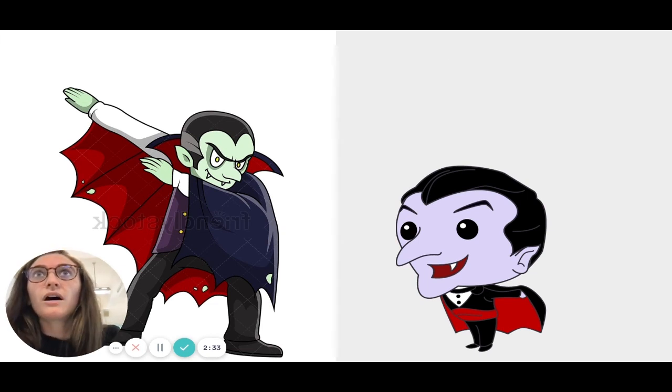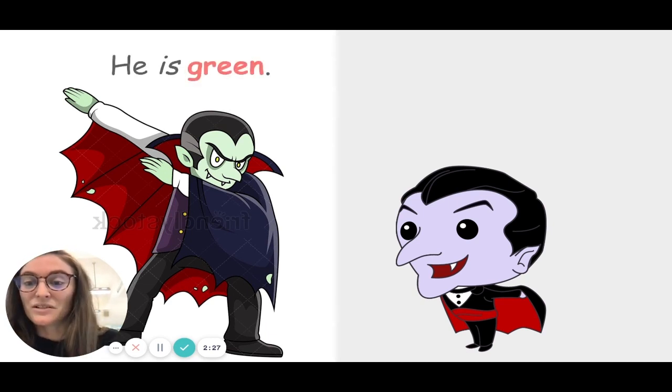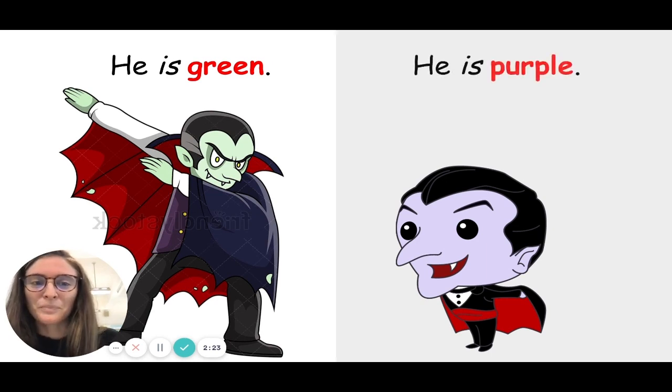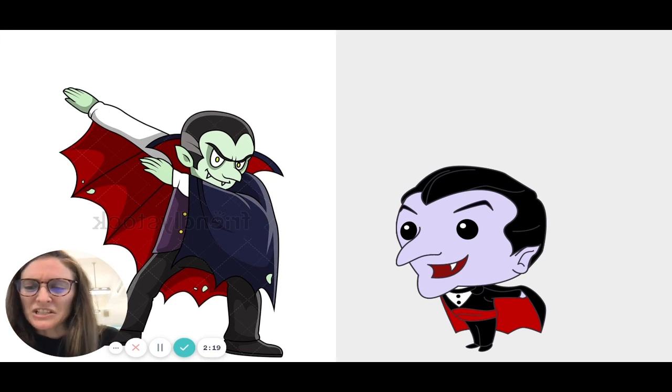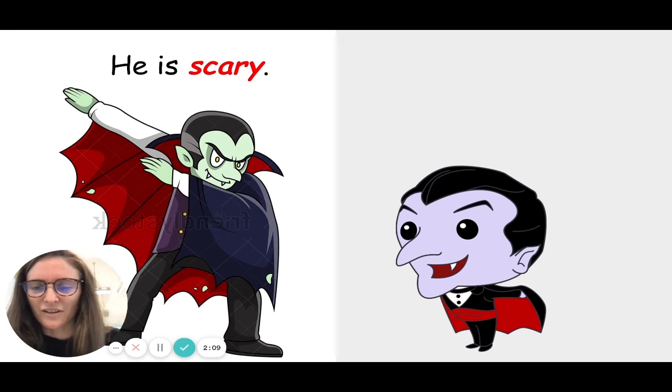Now let's talk about color. The one on the left, what color is he? He is green. The one on the right, he is purple. Okay? Next, let's just talk about how they look. So the green vampire, I think he looks scary. He is scary.